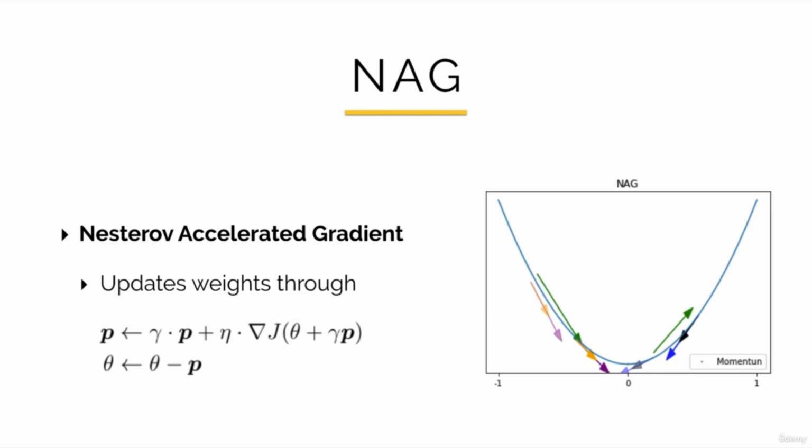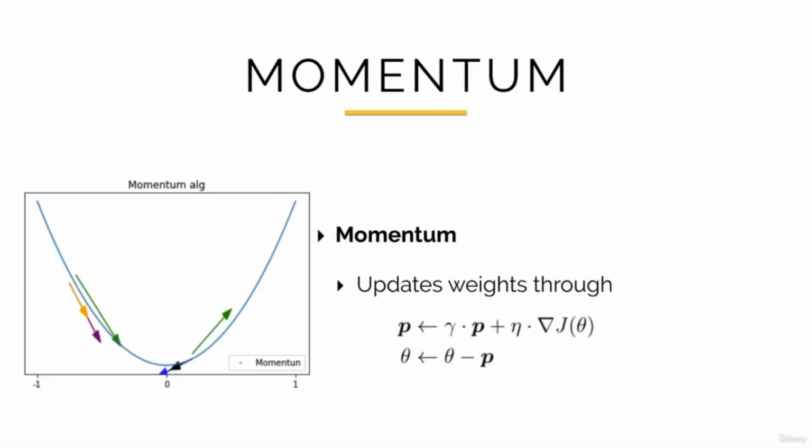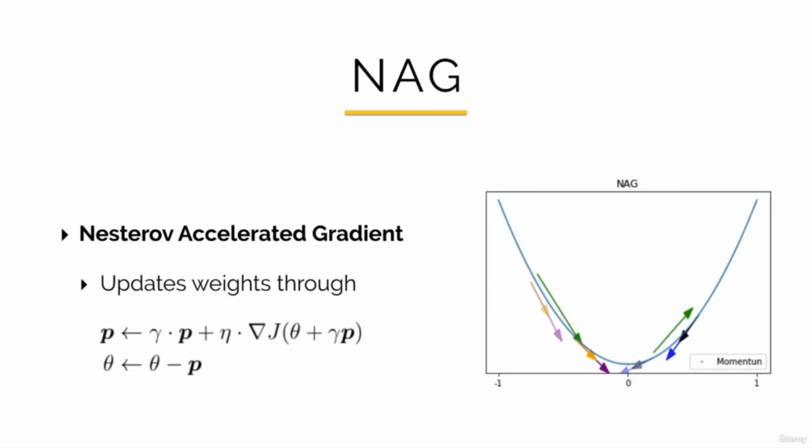The next type of optimizer is called the Nesterov accelerated gradient, or NAG for short. It basically just takes momentum, but rather than looking at the gradient at the current weights, it looks at the gradient at the current weights plus our momentum.